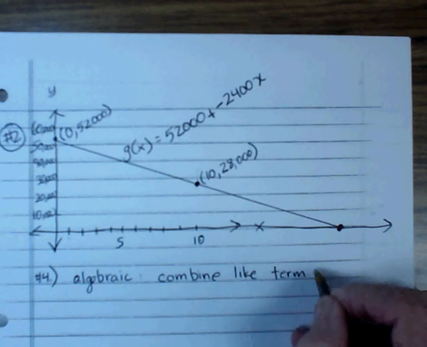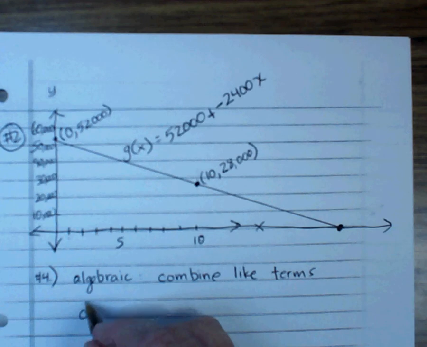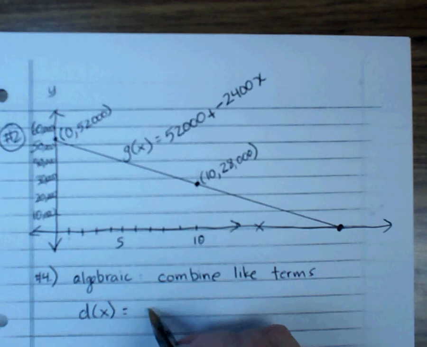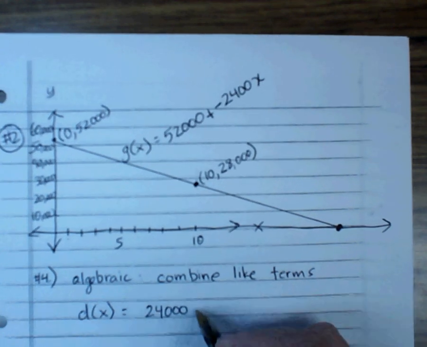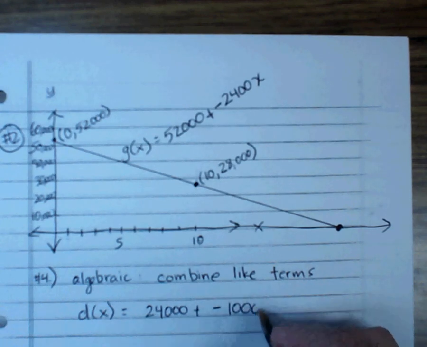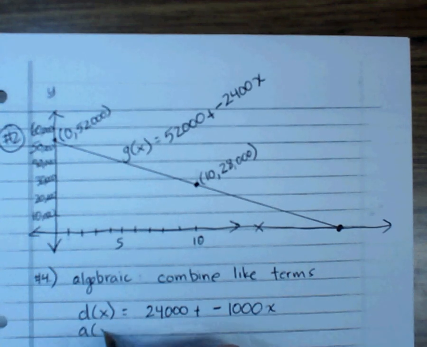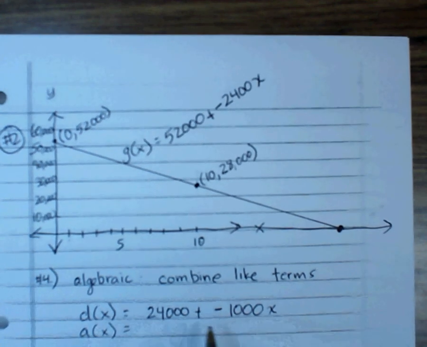So we're going to take our 2 functions, d of x, which if you remember was, he started with 24,000 gallons and he took away 1,000 gallons per minute. And a of x, okay, you might notice I'm writing these in a different order.